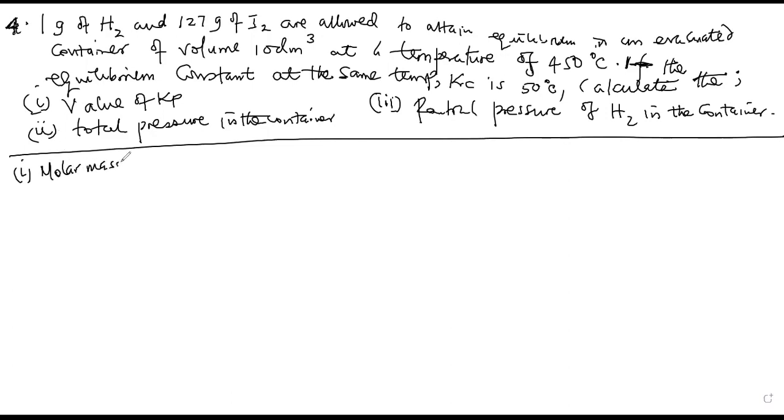So molar mass of hydrogen is equal to 1 times 2, which is equal to 2. And molar mass of iodine: there are 2 atoms, so we multiply by the atomic mass, 127, which is 254 grams.